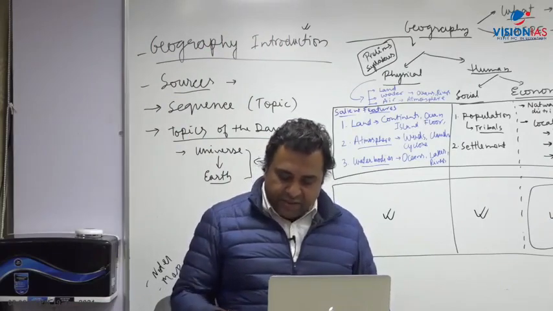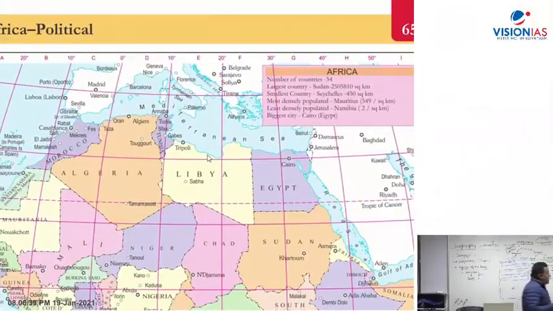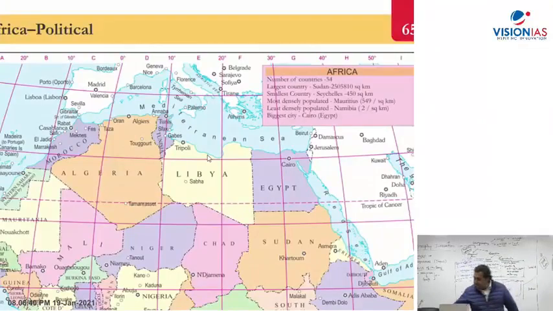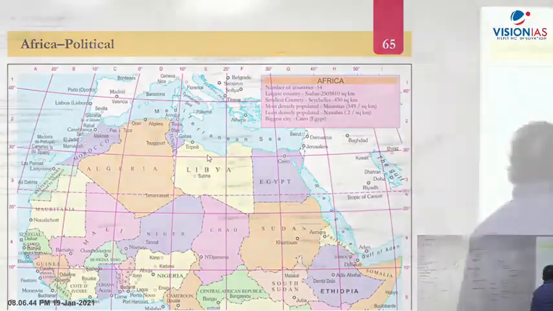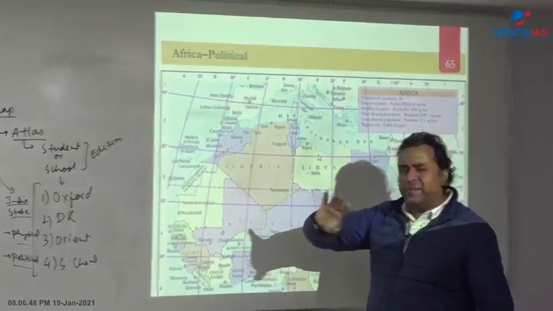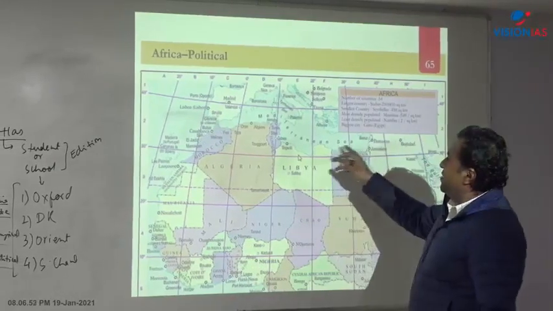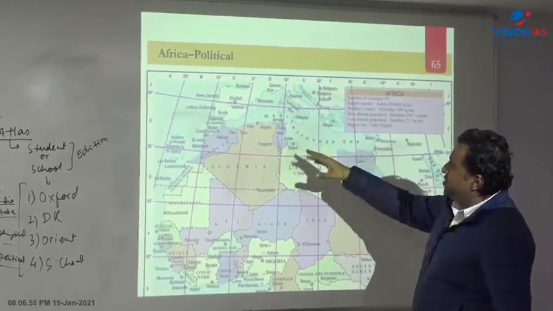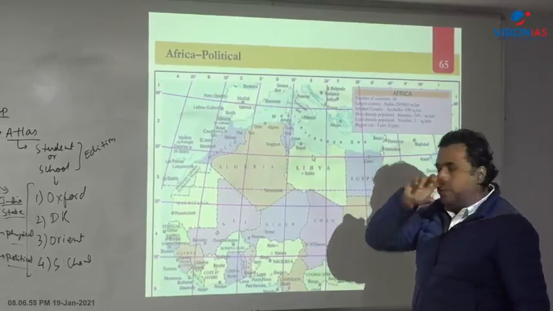When you take Africa's political map, one day you should look only at the northern parts of Africa. So which are the countries? You have Egypt, Libya, Algeria, Morocco. Broadly, you don't have to remember them perfectly. Small ones you don't have to. These are touching the Mediterranean Sea.